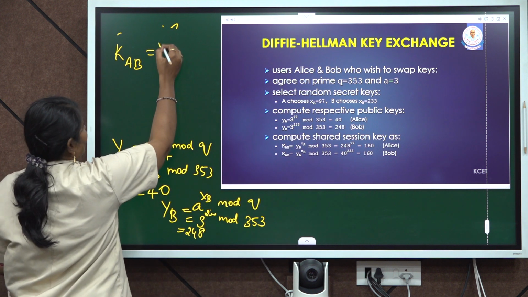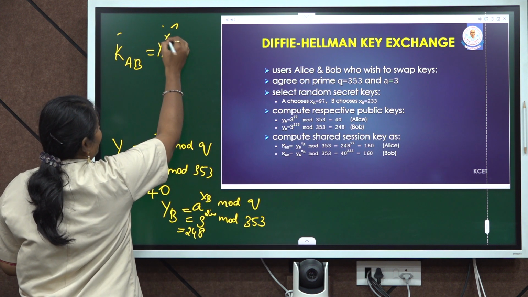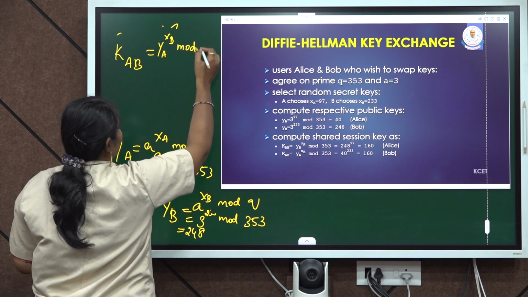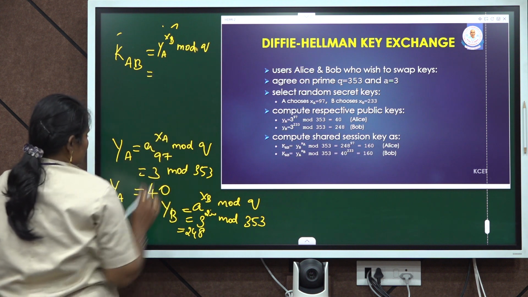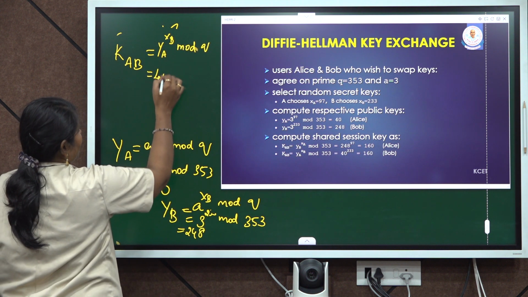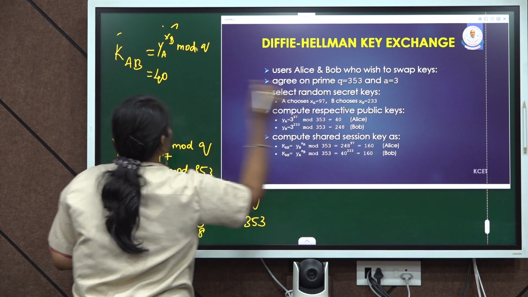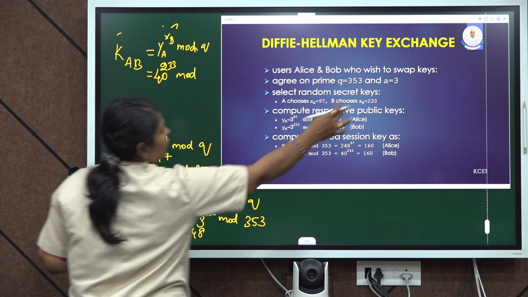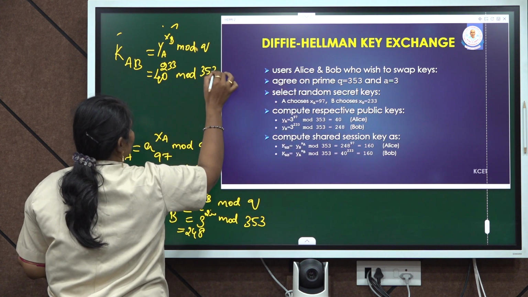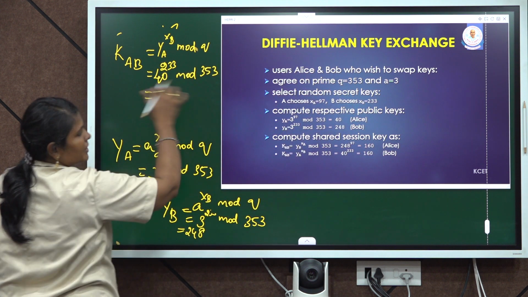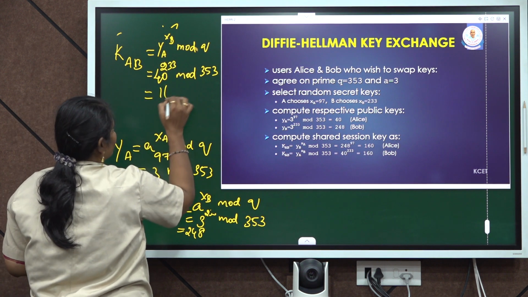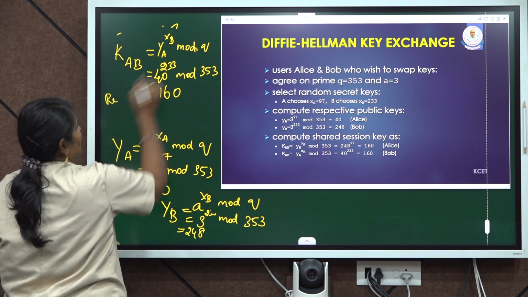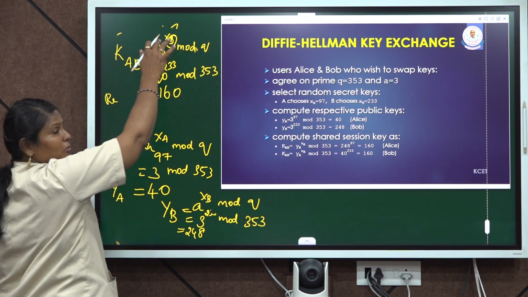The formula is YA to the power XB mod q, for Bob, the receiver B. The value of YA is 40, the value of XB is 233, and q is 353. Solving this equation, I get the value 160. This is for the receiver, since I have used the private key of the receiver.